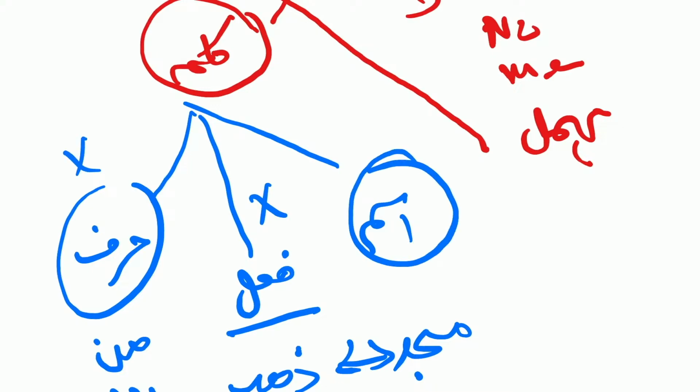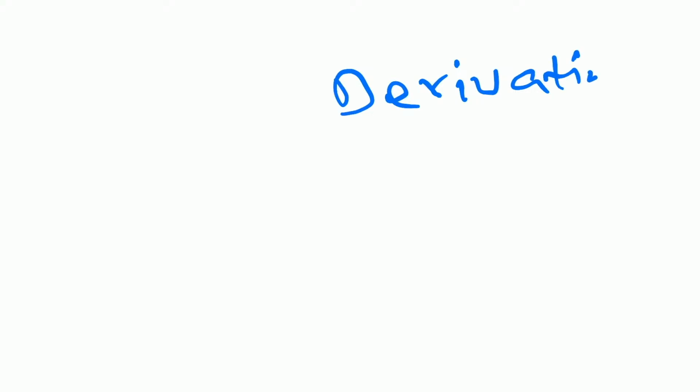Now, in lesson number 2 we classified ism with respect to derivation, that is, how it is derived, how it is given birth to.